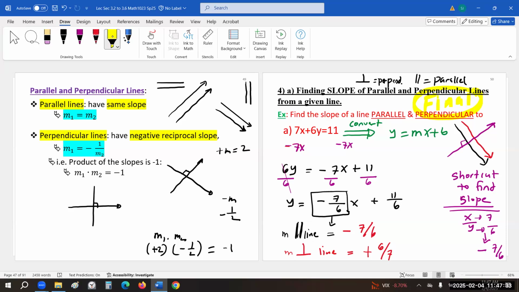But if they ask you to find the perpendicular line, you're going to focus on the perpendicular. Sometimes they ask parallel, sometimes perpendicular. Rarely they ask for both. Not always, rarely. I think it depends on whomever is making the final. I don't make the final, the department does. And whom from the department makes the final, I have no idea.